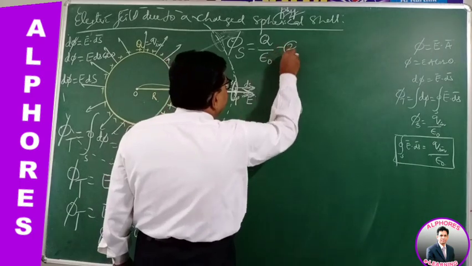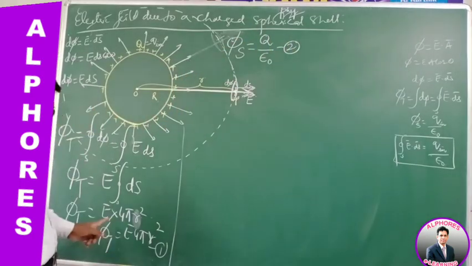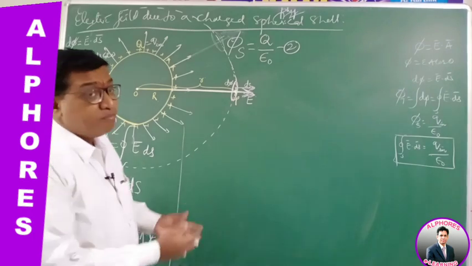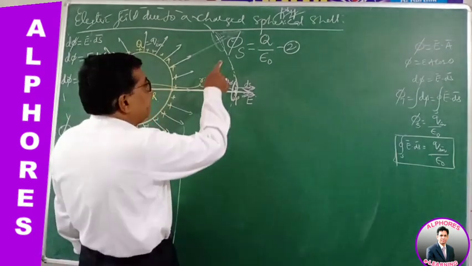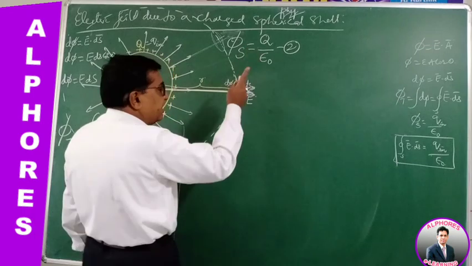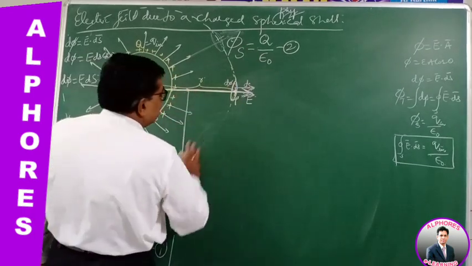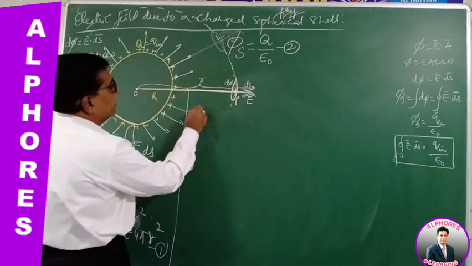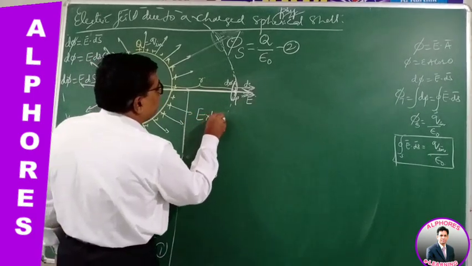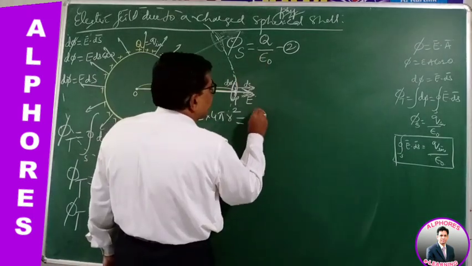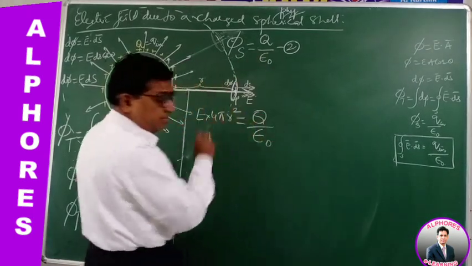This is equation 2. From equation 1, the total flux through the surface is E into 4 pi r square by the definition of flux, and this is from Gauss law. Equating 1 and 2, the total flux E into 4 pi r square is equal to the charge Q by epsilon naught.